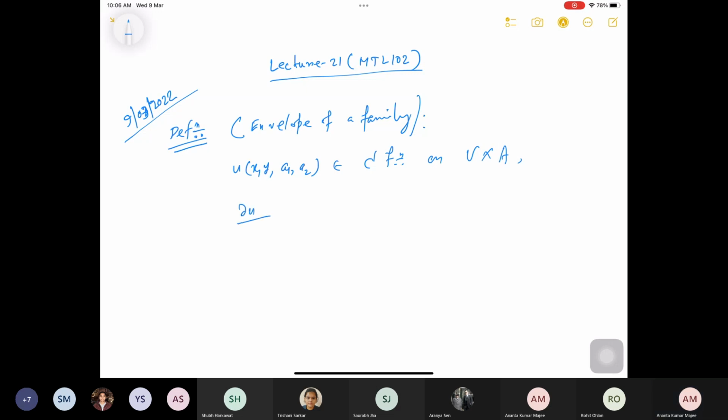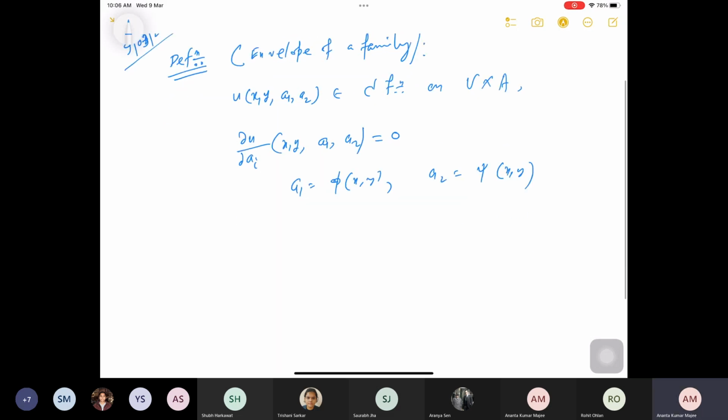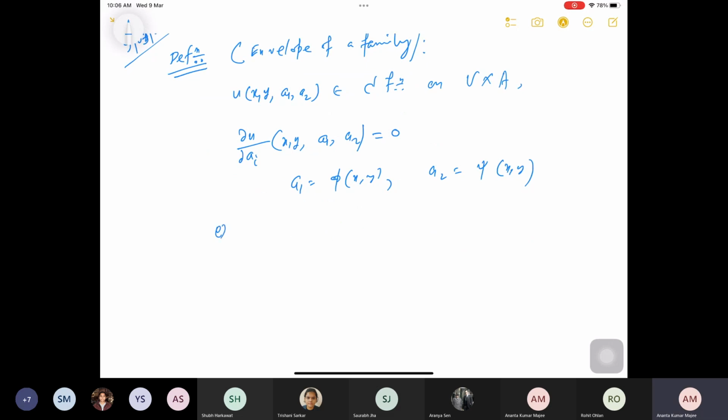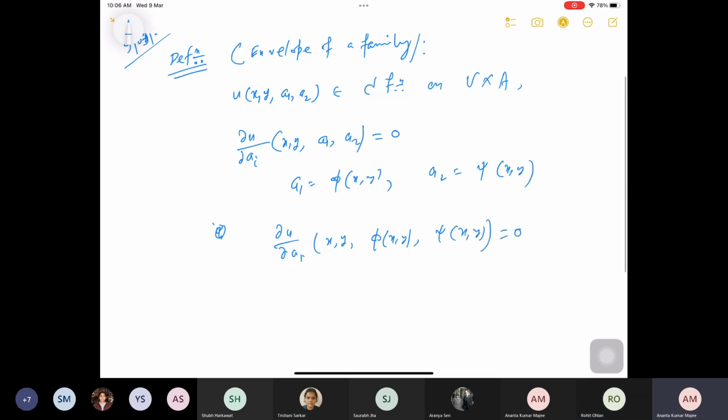Now, if I can find my parameters a1 and a2 from this equation, that means if this can be solved so that I have a solution a1 equal to some phi of x, y and a2 equal to some psi of x, y, that means ∂u/∂a_i (x, y, phi(x, y), psi(x, y)) is equal to 0.